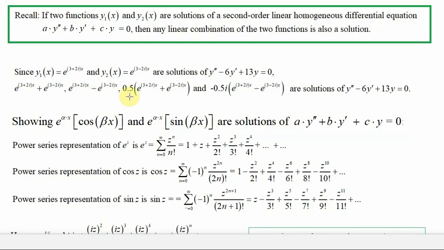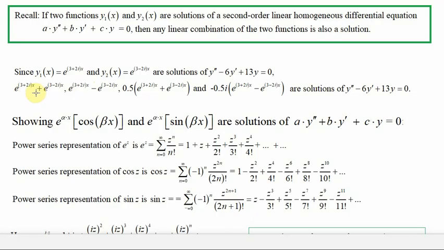The linear combination 0.5 times e to the 3 plus 2i x plus e to the 3 minus 2i x is a solution of this differential equation. Also, negative 0.5i times e to the 3 plus 2i x minus e to the 3 minus 2i x is a solution.